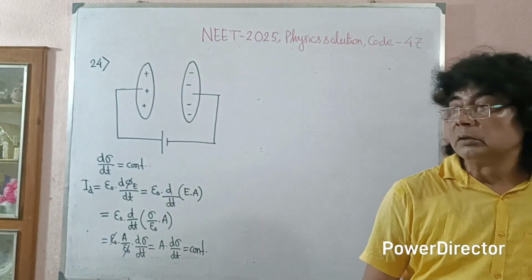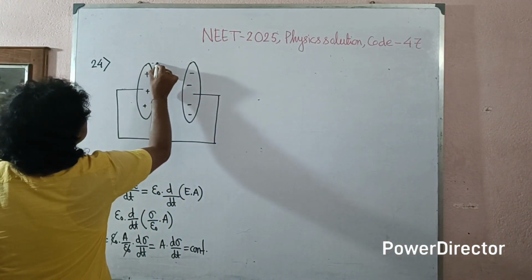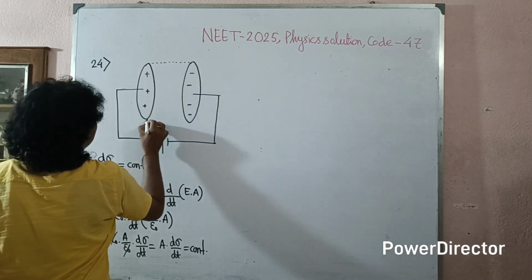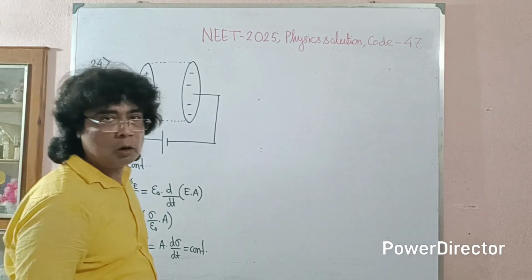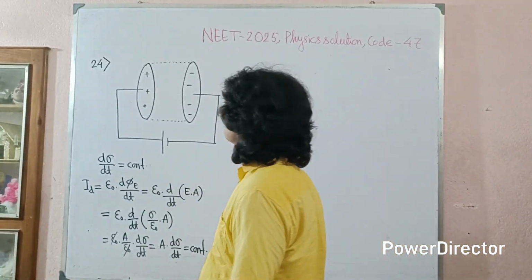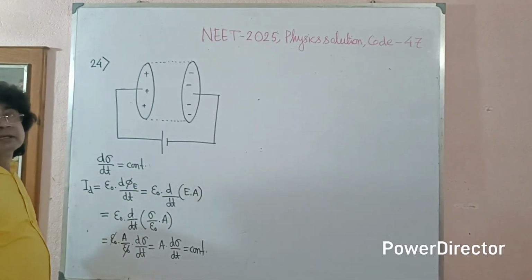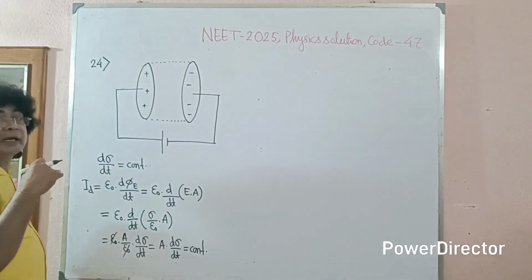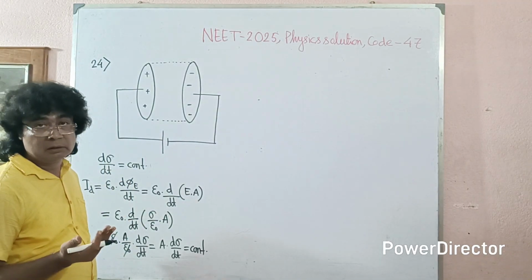Now we join the periphery points of the two plates of the capacitor. It looks like a steady current carrying cylindrical wire.